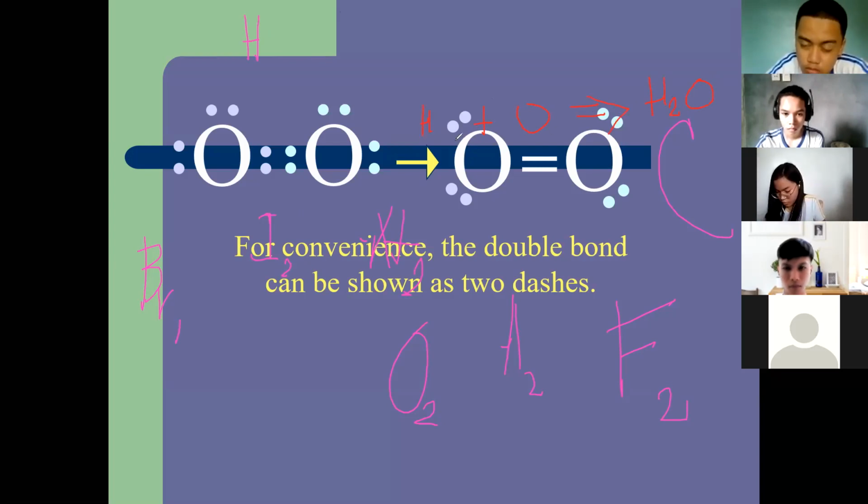Since these are diatomic elements, we have hydrogen plus oxygen, so H2 plus O2 equals H2O. And then we just have to balance it with a number to multiply the molecules. So 2 molecules of water are generated by 2 molecules of hydrogen and 1 molecule of oxygen.